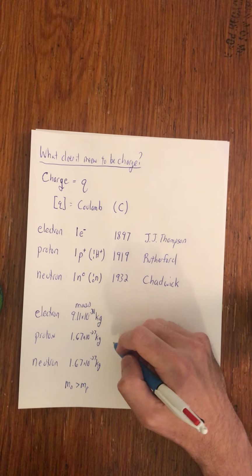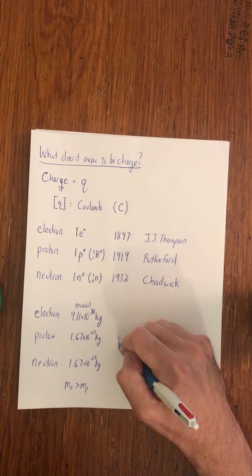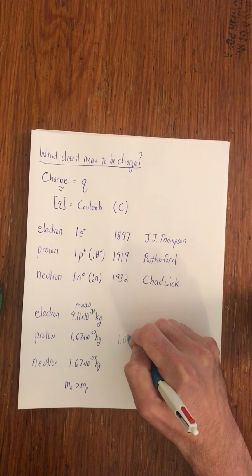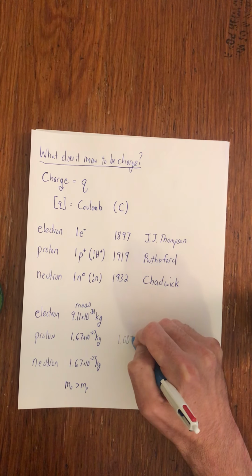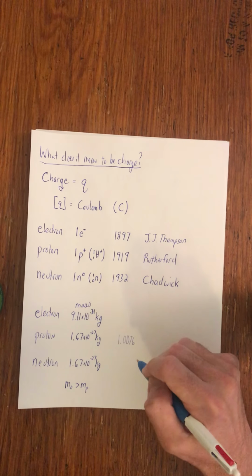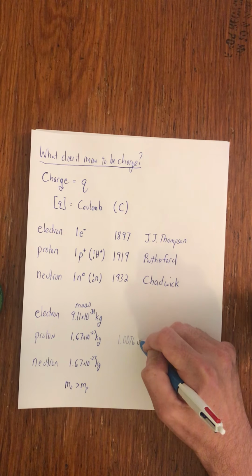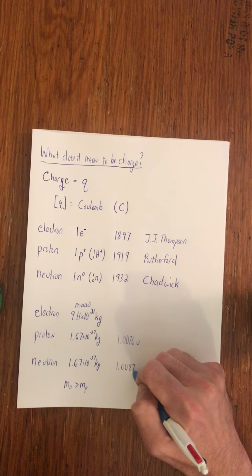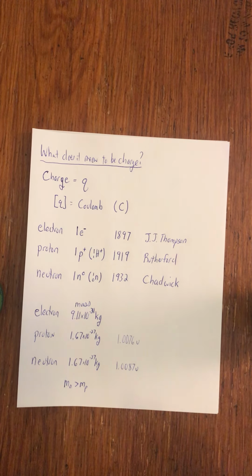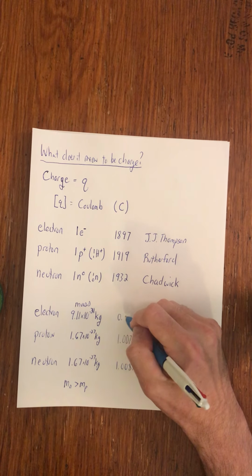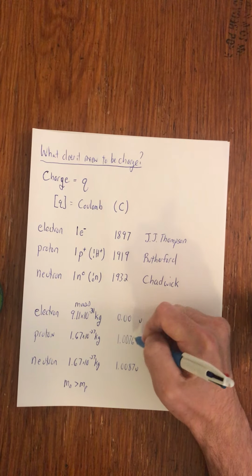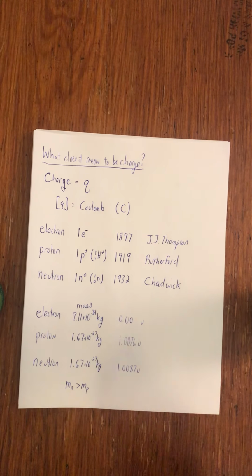I think I remember off the top of my head something like the proton is about 1.0076 atomic mass units, which is U, and the neutron is 1.0087 atomic mass units or something like that, and the electron is like 0.000 something atomic mass units, right? But that's on the order of the size of that.